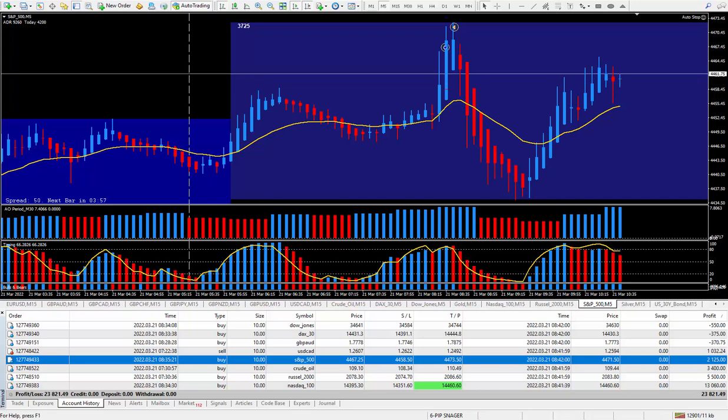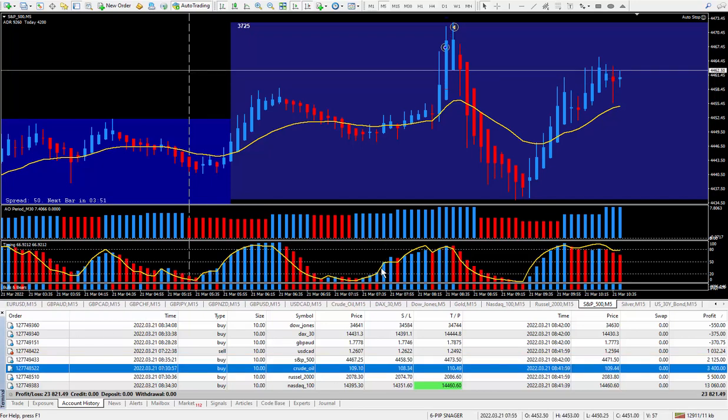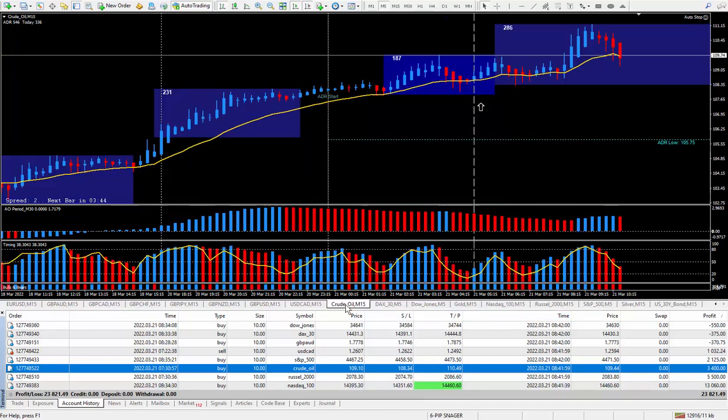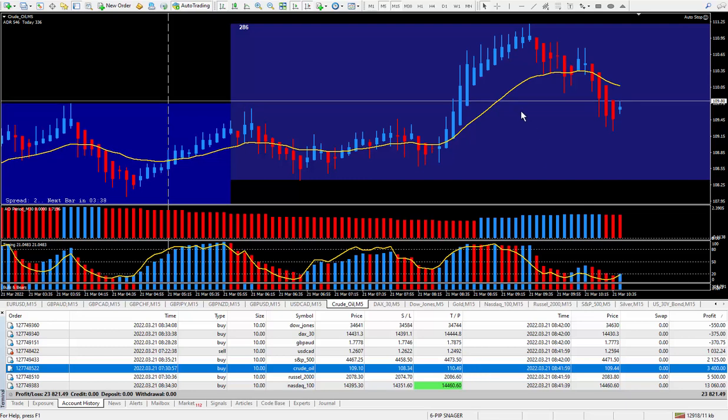Moving on to crude oil. Now this, by the way, the S&P is $5 a pip, and crude oil is $10 a pip. Crude oil. I think I'm going to go down to the 5 minutes. Let's see where I got in at. Here we go. So remember, it's $10 a pip.